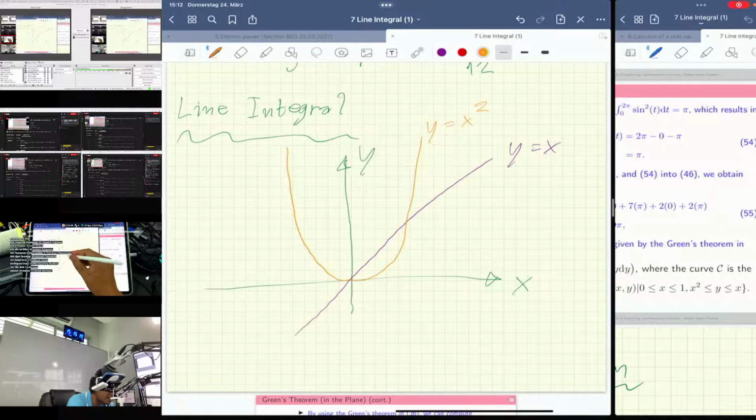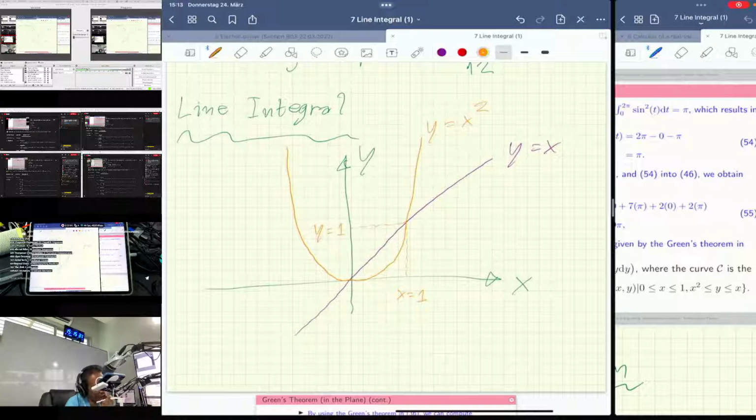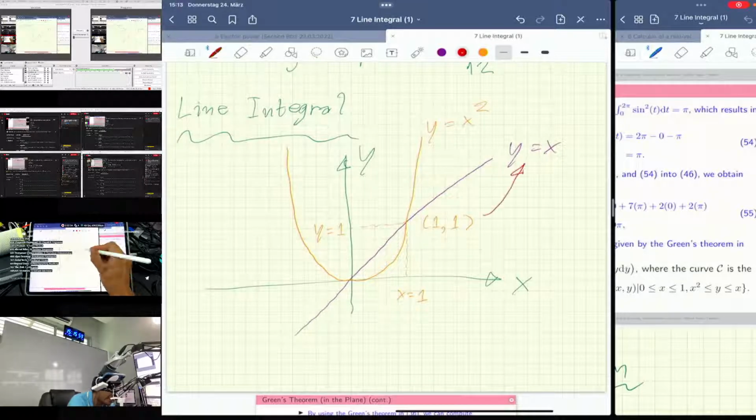When x is 1, this is x equal to 1, y will also be equal to 1. But I'm not sure whether they cross each other at 1 or not. The coordinate 1, 1 lies on this curve and also on this curve, because if you substitute x as number 1, you will get also 1.